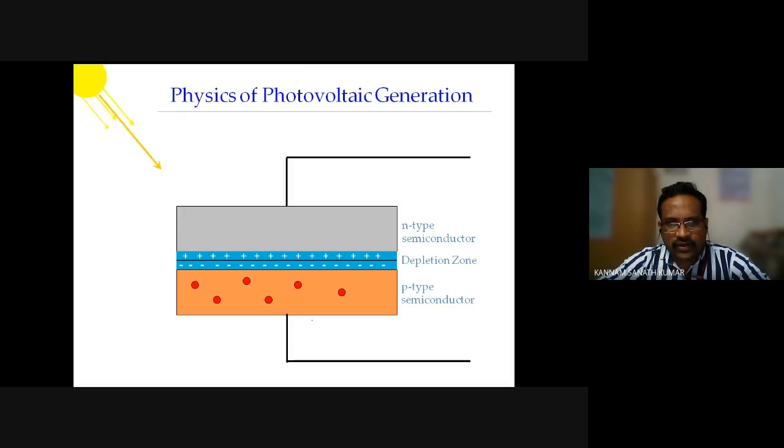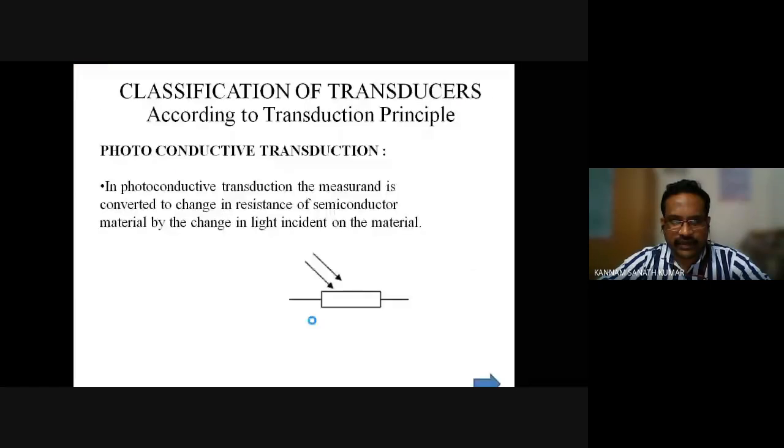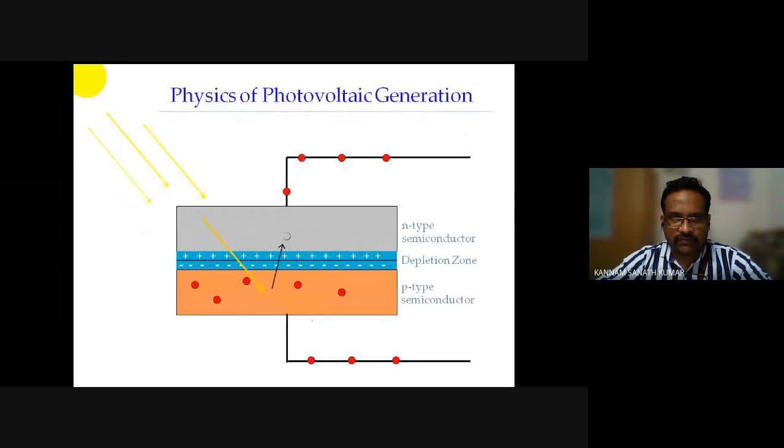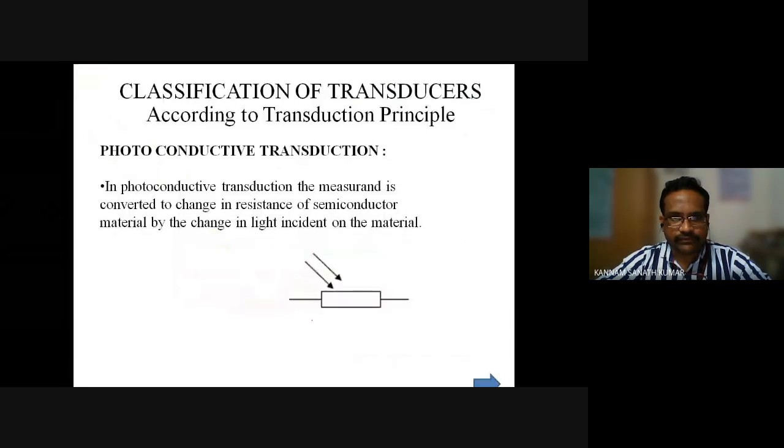When light falls on them, electrons will move from p-type to n-type, so a voltage will be generated. Photoconductive means the measurand is converted into a change in resistance.